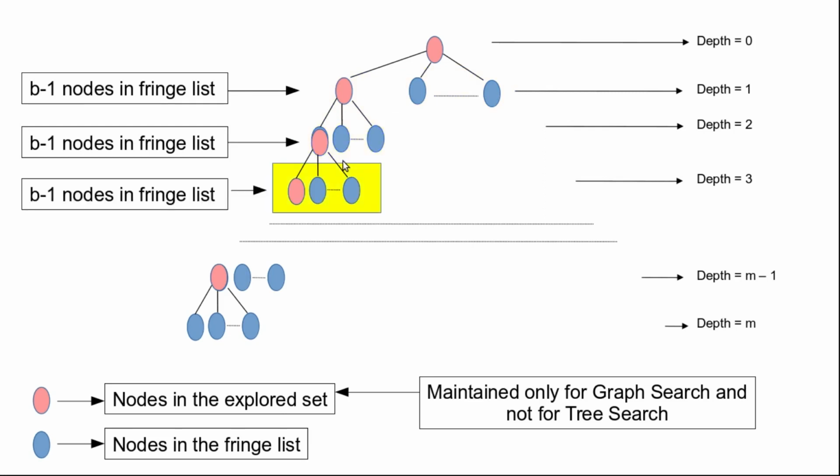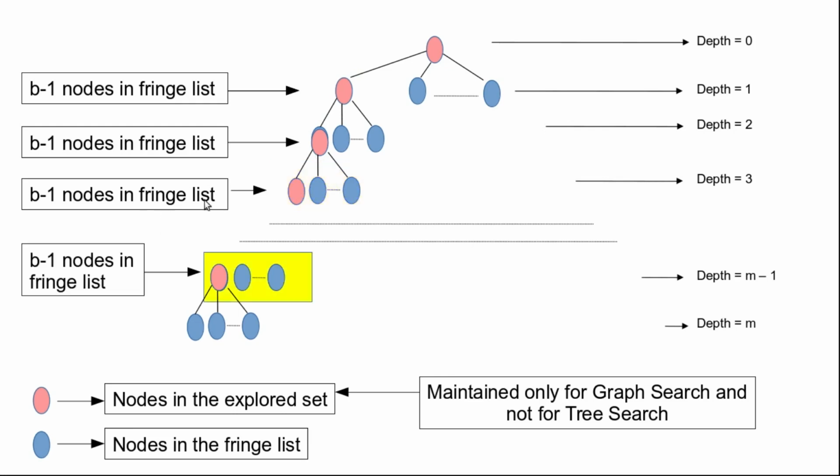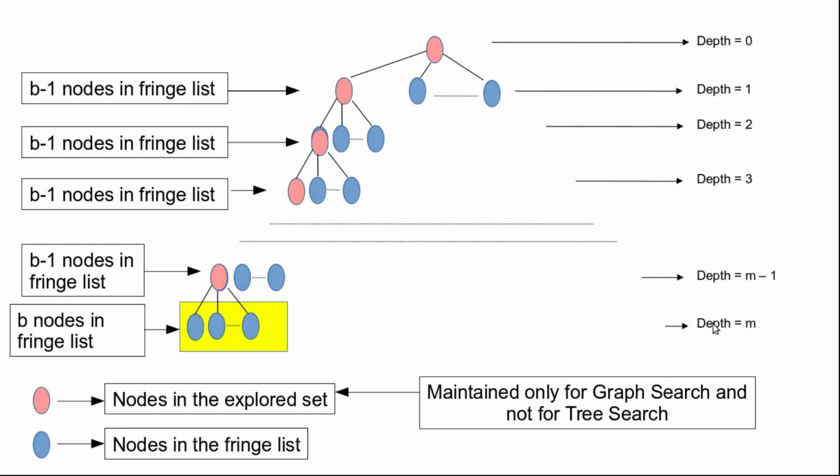Similarly, from depth 3, this red colored node has b successors because the branching factor is b, and out of that one node has been explored. So the remaining b-1 nodes would be in the fringe list. Same for depth m-1, there will be b-1 nodes in the fringe list. And finally for depth m there will be b nodes in the fringe list.